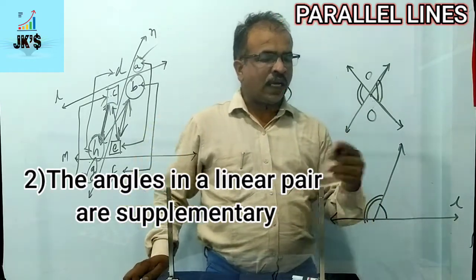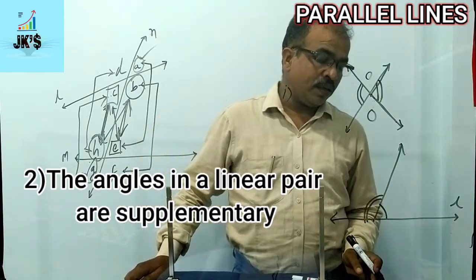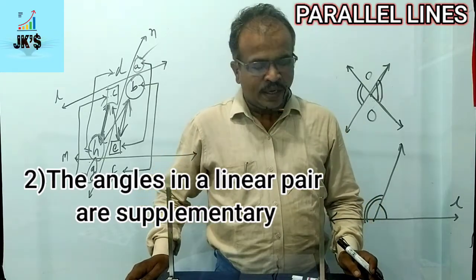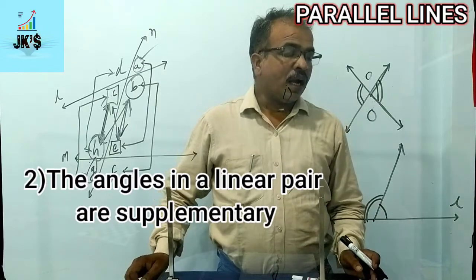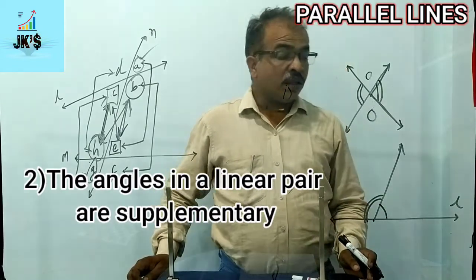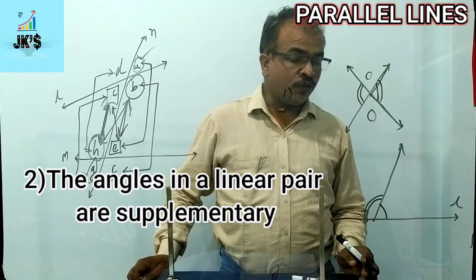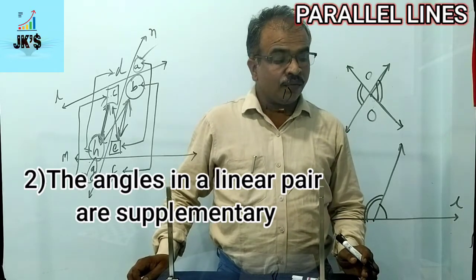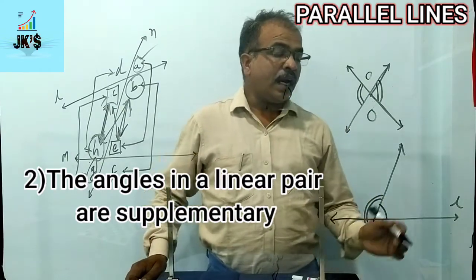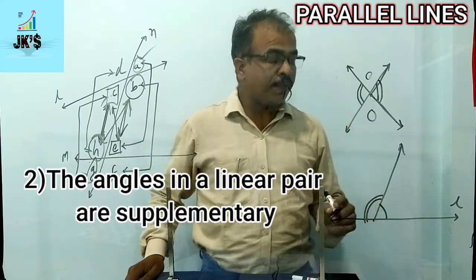These two angles are in a linear pair because one side is common and the remaining two sides form a pair of opposite rays. Then the two angles are supplementary.